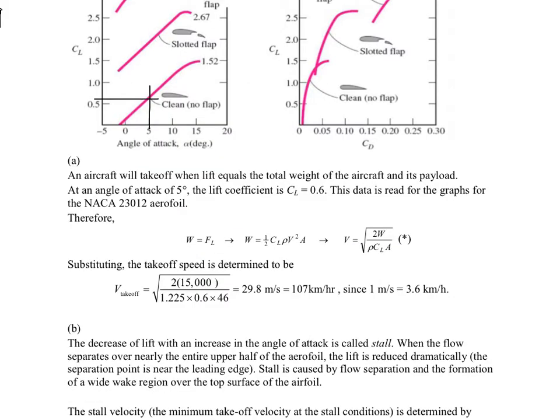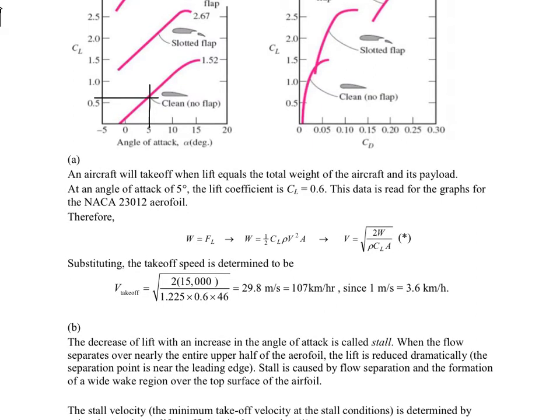Next, you're asked to determine the takeoff speed for this aircraft at an angle of 5 degrees. We know that at the point of takeoff, the weight is equal to the lift force. So we can equate the lift force with the weight and make the velocity the subject of the formula.